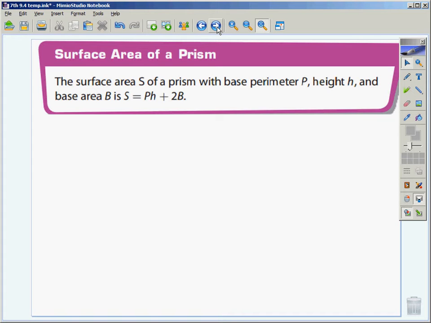Did I give you an answer? Yeah. Now, I've asked everybody to write down the formulas.